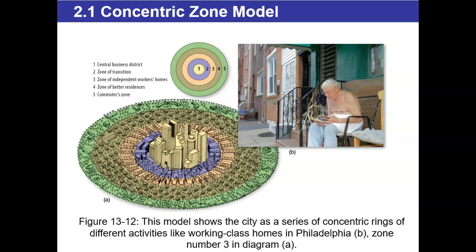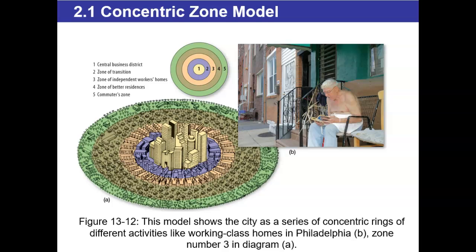One is the central business district, the innermost ring, where non-residential activities are concentrated. Zone 2 is the zone in transition. Industry and poorer quality housing exists here. Immigrants to the city first live in this zone in a small dwelling. They are also frequently created by subdividing larger houses into apartments.